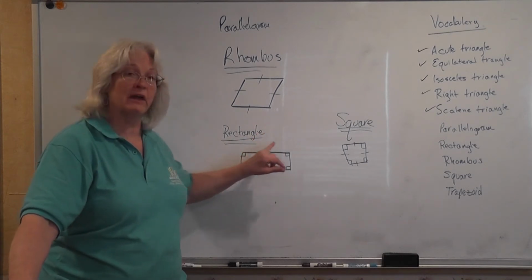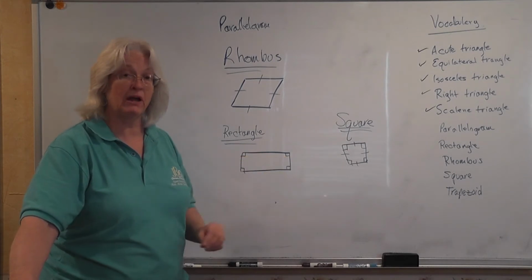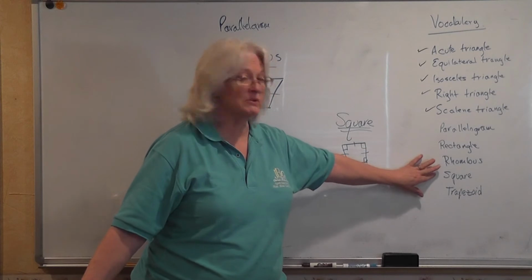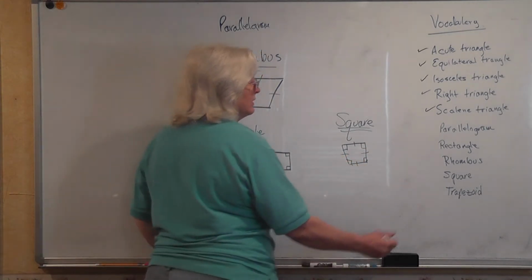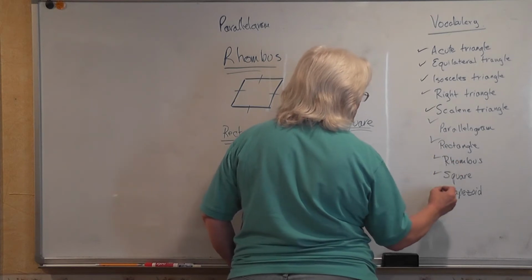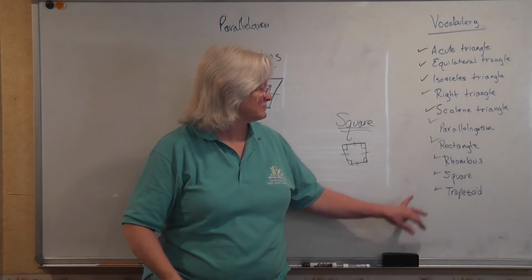It's like a rectangle because the 4 angles are 90-degree angles. So we've talked about parallelogram, rectangle, rhombus, square, and trapezoid. All of these are objects that have 4 sides to them.